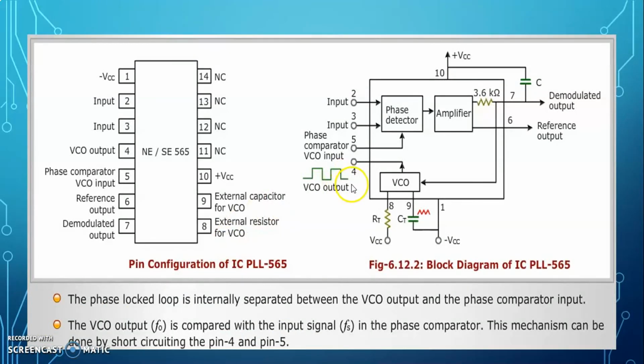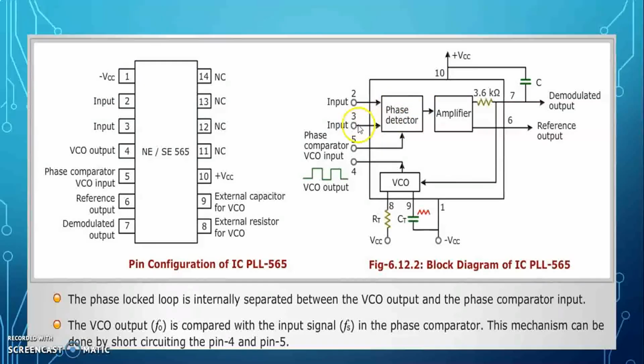Okay, now we can discuss the operation of the phase lock loop. Here the voltage control oscillator pin number 4 is connected to pin number 5. Therefore, the VCO output is connected to the phase detector. Now when an input signal at a constant frequency is applied to pin number 2 or pin number 3, the phase detector compares the input signal, because the phase detector acts as a comparator and also as a multiplier.